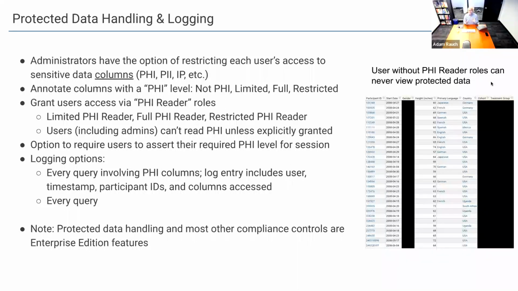In addition to preventing access for those who are not allowed to see this data, we also, very importantly, have the option to log any access to PHI. So you're allowed to see the data.